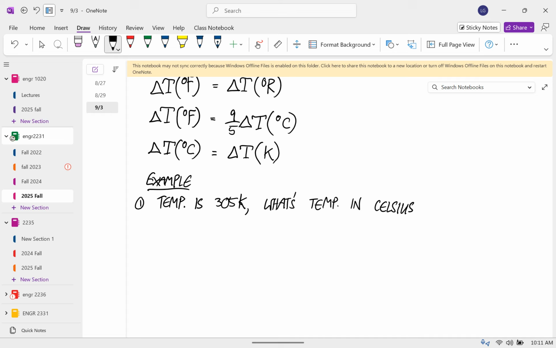We're almost always just going to use Kelvin and Celsius. And then second, the temperature decreases 15 degrees Kelvin. What's the change in Celsius temperature?